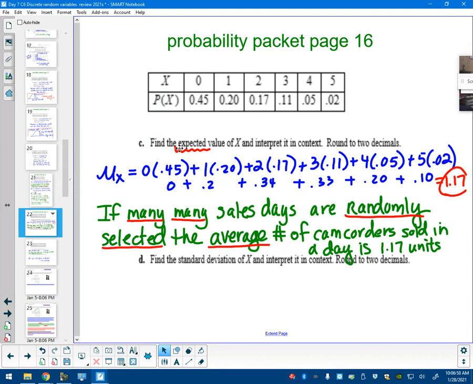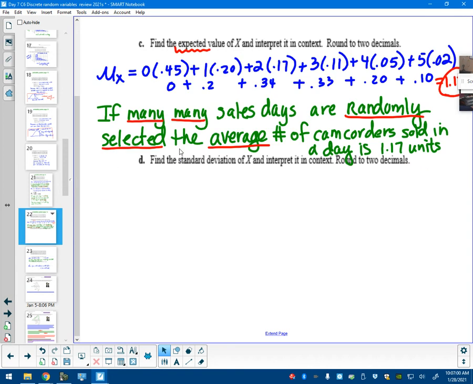All right. Now, part of what we're going to do tomorrow is go back to chapter 1, when we first taught you how to find standard deviation. Standard deviation is the standard amount you deviate from something, and in this case, it's from the what?